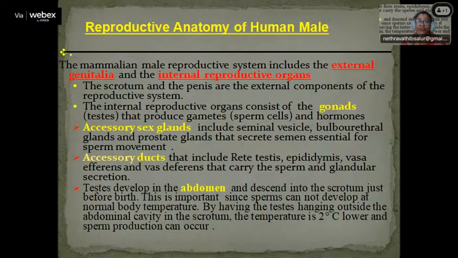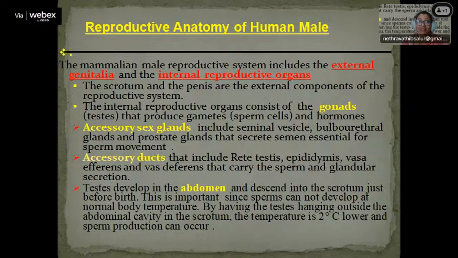The testis is present in a bag-like structure called the scrotum, because for spermatogenesis to take place, it requires 2 to 2.5 degrees less than the body temperature. Therefore, the testis is descended outside from the abdominal cavity into the scrotum.